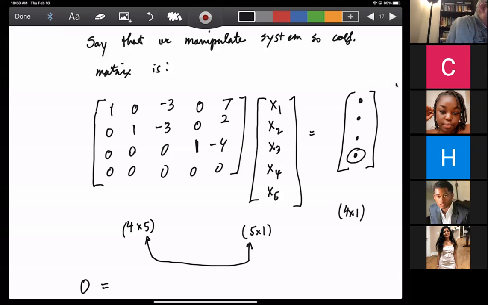Notice that if we know the RREF form of our system, we can immediately see whether the system is consistent or not. And in fact, that's one of the things that makes the RREF form useful.